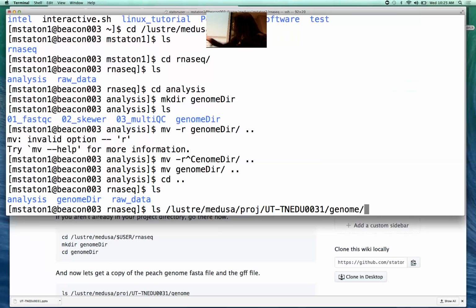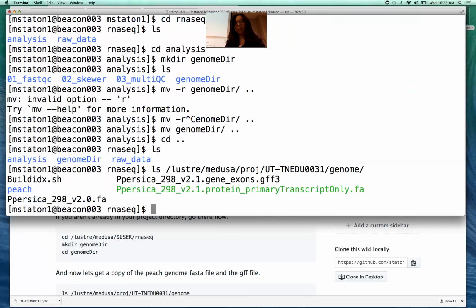In this folder, we will have the P. persica FASTA file and the P. persica GFF file. These are the files we want to copy into our own genome directory.